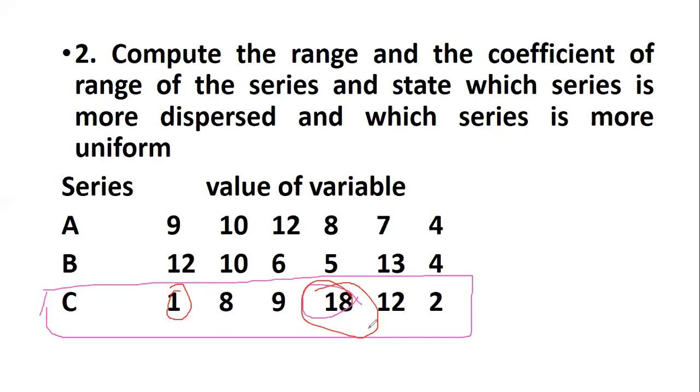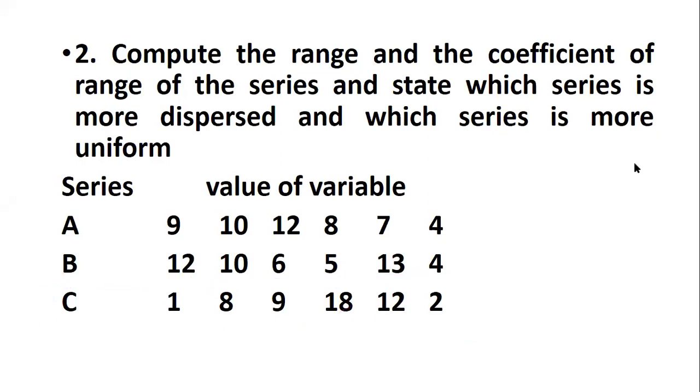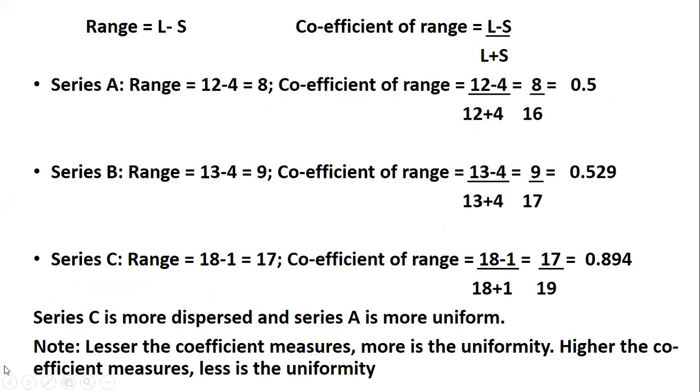So we take these numbers and solve for series C. Range is 18 minus 1, which is equal to 17. Similarly, we find the coefficient: 18 minus 1 divided by 18 plus 1. When you calculate this value, you get 0.894.